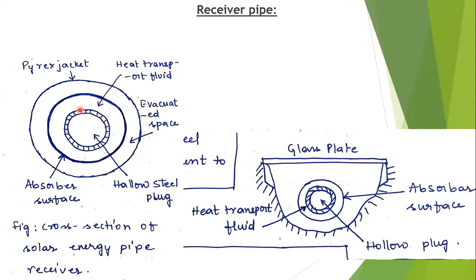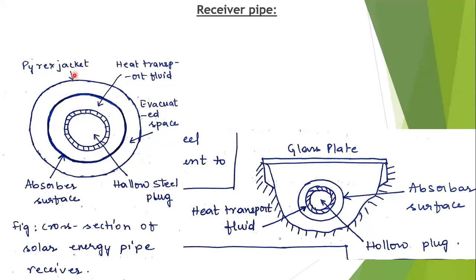A hollow steel pipe plug within the absorber pipe restricts the flow of heat transfer fluid to the narrow annular region. This results in high flow velocity of the fluid and a high rate of heat transfer from the absorbers. The absorber pipe is enclosed in a Pyrex glass.